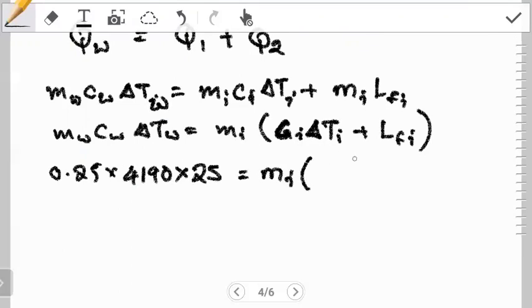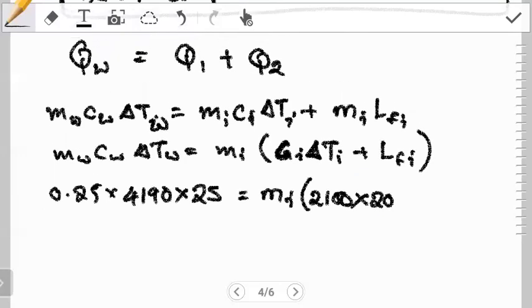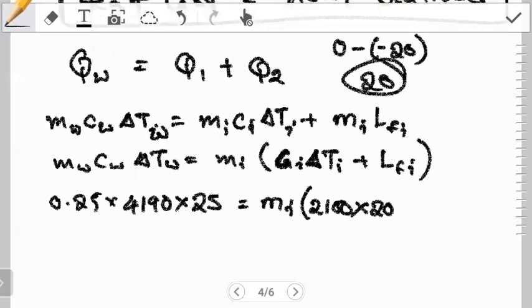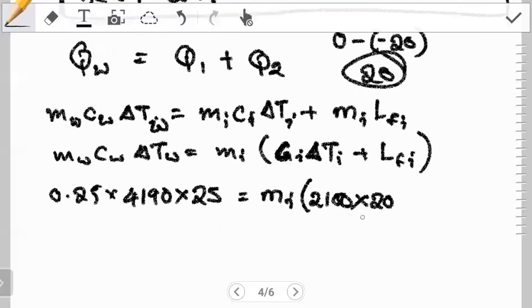And then now this side we have specific heat capacity of ice multiplying the change in temperature again. It's going to be 20 because for ice, it comes to 0 degrees Celsius from -20 degrees Celsius. So this is going to be 20. Okay. So here you have that change in temperature plus the latent heat of fusion for ice. That's 3.34 by 10 to the power 5.